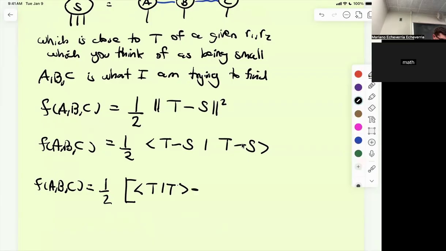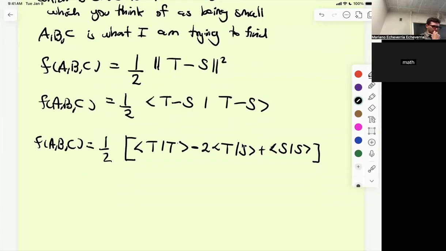So then minus 2, T with S, plus S with S. Which is the negative sign for the S? Oh, minus times minus gives you the plus, right? Yeah, I see.